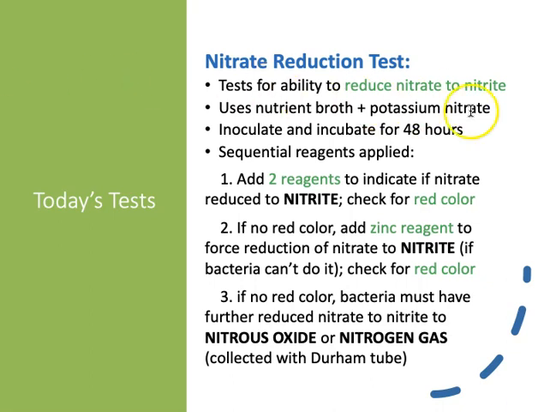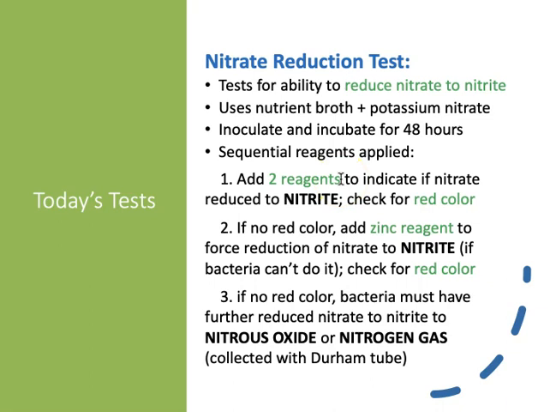When we take the nitrate reduction tube out of the incubator, we're not going to read it right away. Instead, we're going to add some reagents to it and then read the result. We're going to add 2 reagents to the tube.